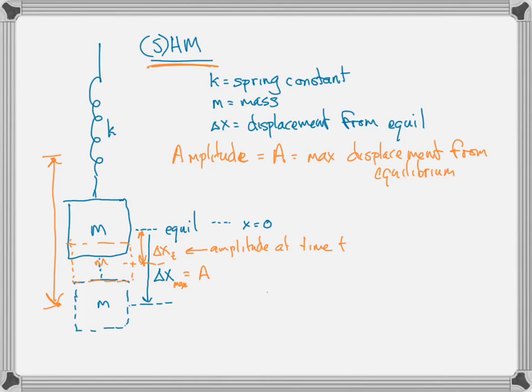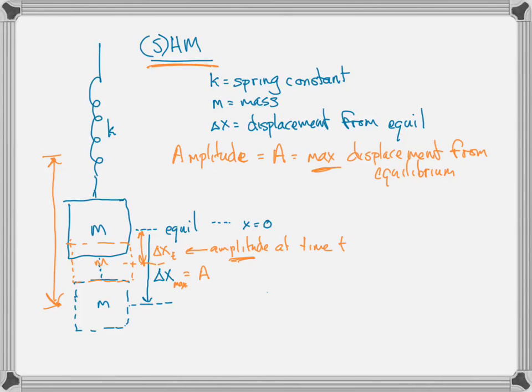It is how far it is from equilibrium at that time. So if you're talking about the amplitude at a certain position or at a certain time, then that just means how far is it from equilibrium at that time, at that position. If you just talk about the amplitude in general, that means the maximum displacement from equilibrium. So there's two different kinds of amplitudes.